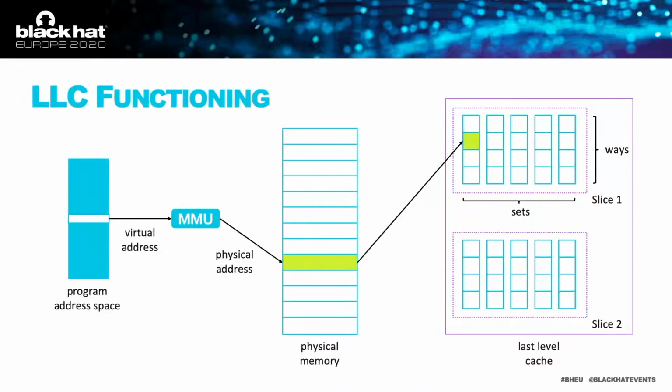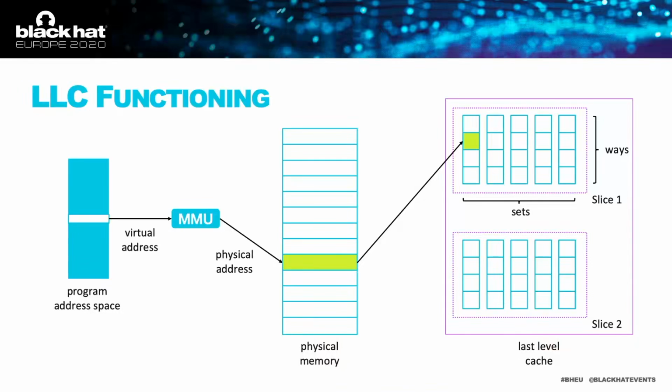But first of all, let me tell you a little bit of how LLC addressing works. The idea is that caches are addressed by physical addresses. So if you have some data at a virtual address X in a program, you first need to transform it into a physical address. You have the MMU for that.